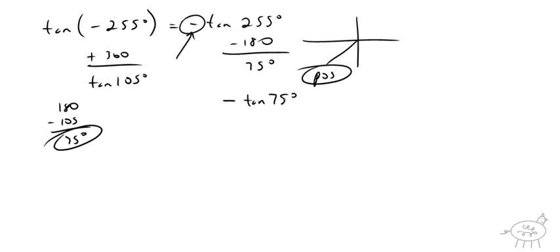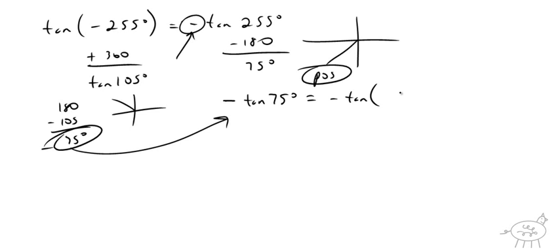That's the reference angle, which is what we have for our problem. And where's tangent of 105? It's over here, so it's negative. So we've got this exact same thing, negative tangent of 75. Okay? All right, so let's do that one. That's equal to negative tangent of 30 plus 45.